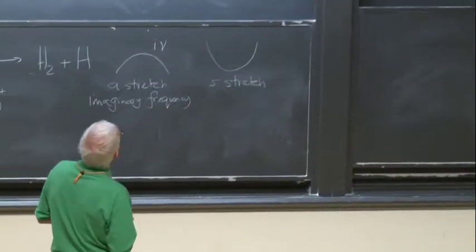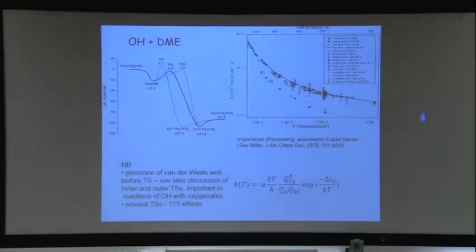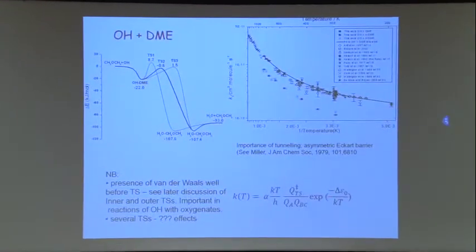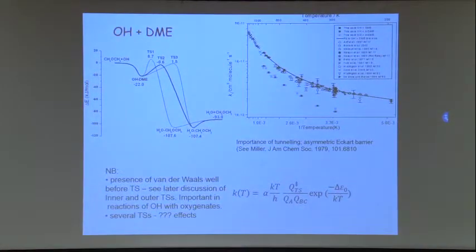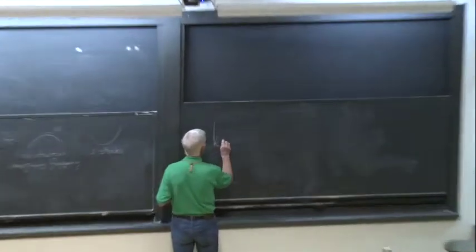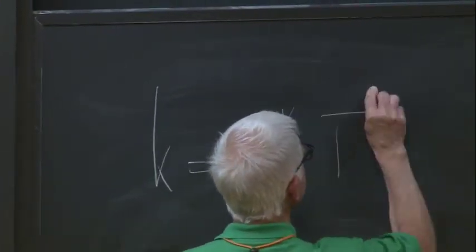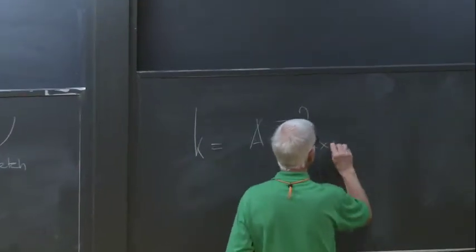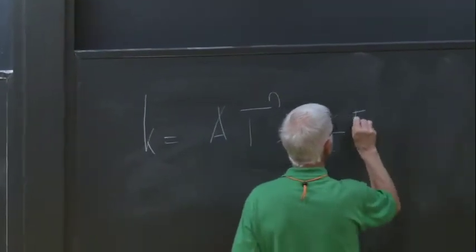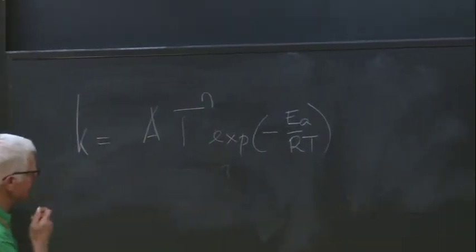Now, those data there, you wouldn't publish all the, well, you publish all the details of this, but you would represent the rate constant in the usual sort of way. So in the paper, you would represent the rate constant as being equal to A T to the n, the exponential of minus EA over RT.